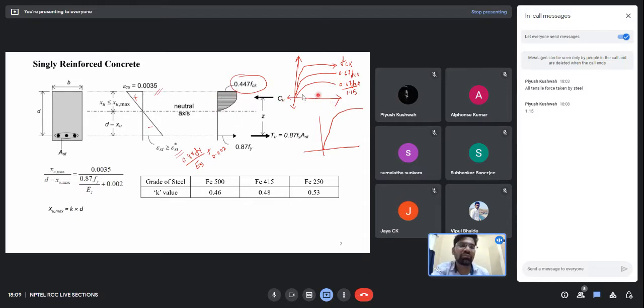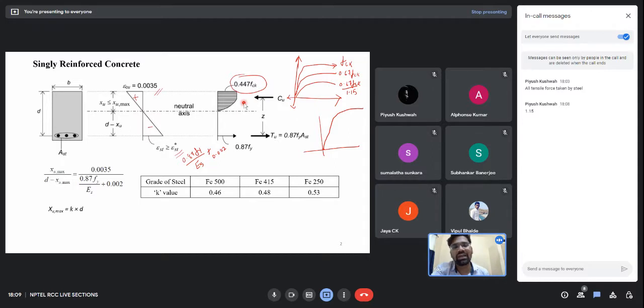It is coming from this stress strain graph of concrete only, nothing else. Now the linear portion we are assuming to vary up to 0.002 strain, and the maximum value of strain we are allowing in the concrete is 0.0035. So this is the strain profile, this is the stress profile.